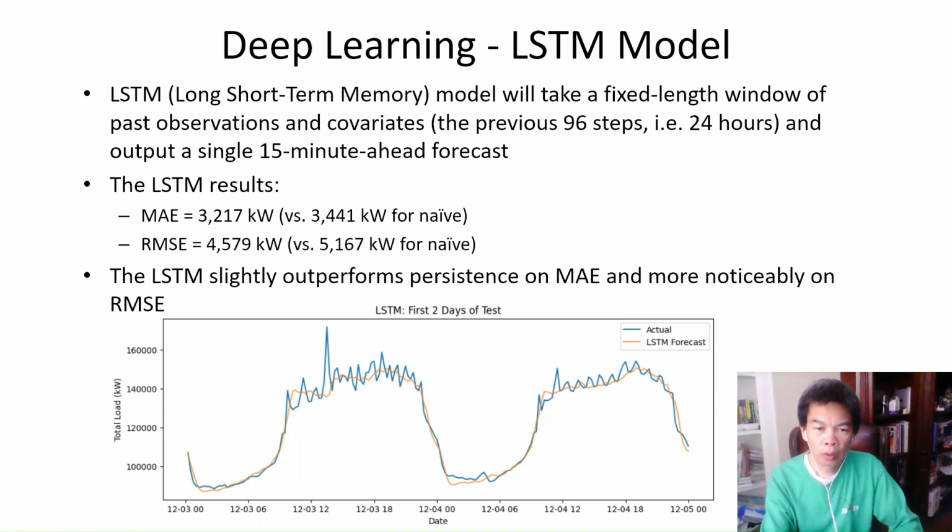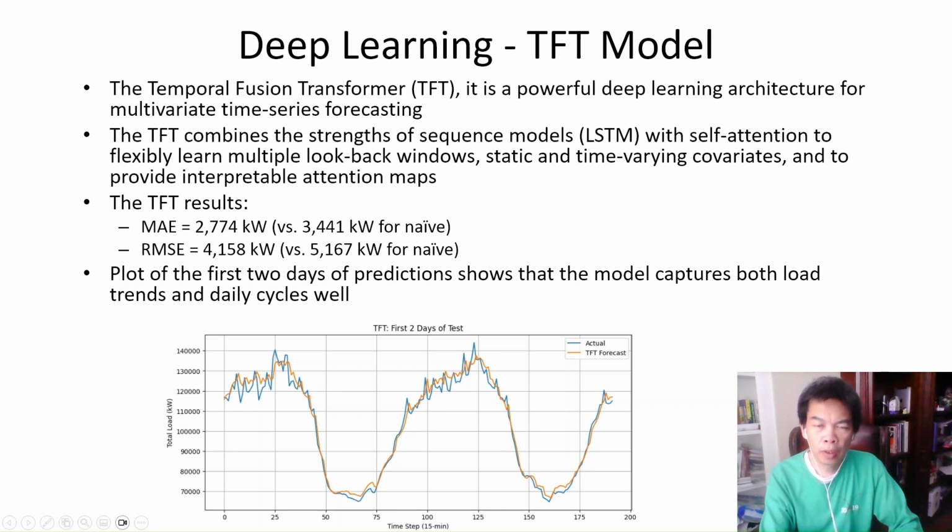So next we will move to the second deep learning model, TFT, Temporal Fusion Transformer. This is a powerful deep learning architecture for multivariate time series forecasting. It combines LSTM-based sequence modeling, and then it adds attention over time and features. Also, it adds gating mechanisms to provide an interpretable attention map.